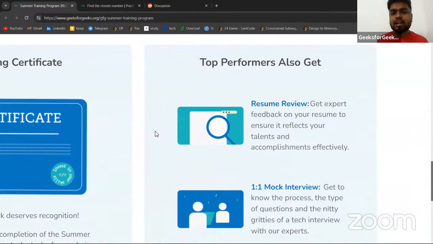Another thing is for those who are top performers. Suppose I'm talking about the Tech 101 batch, in which system design and data structures and algorithms are taught.